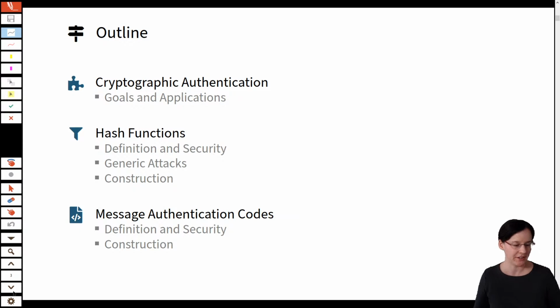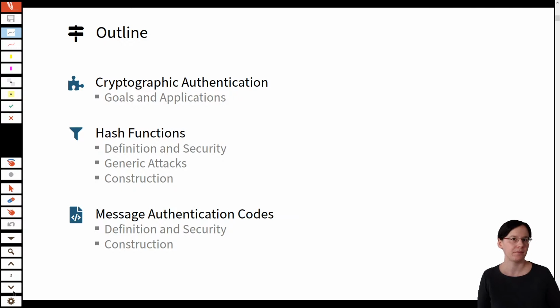Let's have a look in more detail at what the plan is. I first want to have a few words about the general goals that we have in cryptographic authentication and what sort of applications this is used for. And then we want to discuss hash functions, which are unkeyed functions providing authenticity. And we will have a look at the definitions of when a hash function is considered secure.